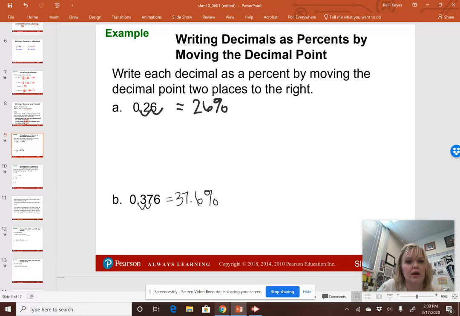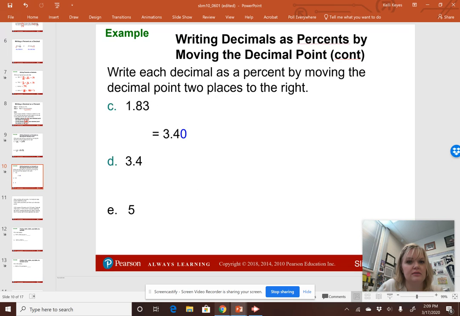Same thing here, making this a percent, we're going to go 2 places to the right. So that'll be 183%. Okay, 3.4, we go 2 places to the right, except here we add a 0. So that'll be 340%.